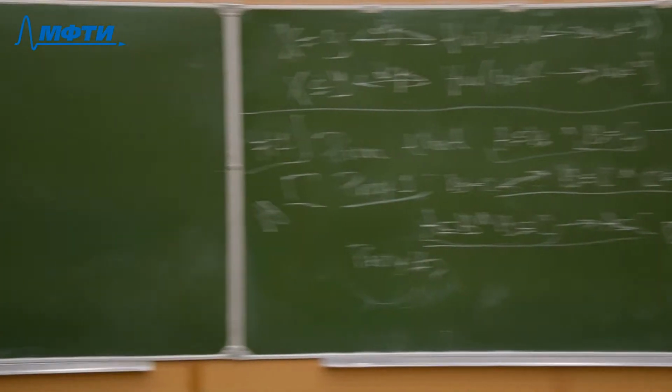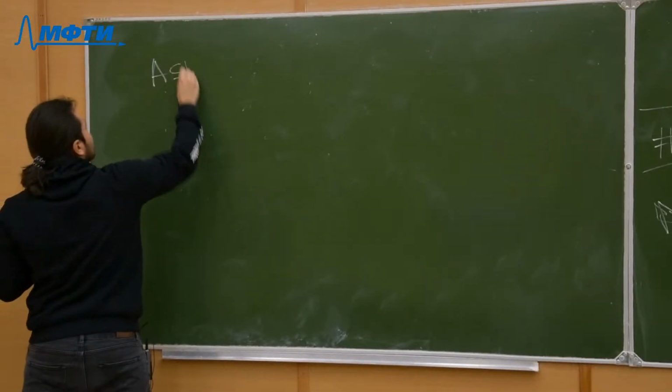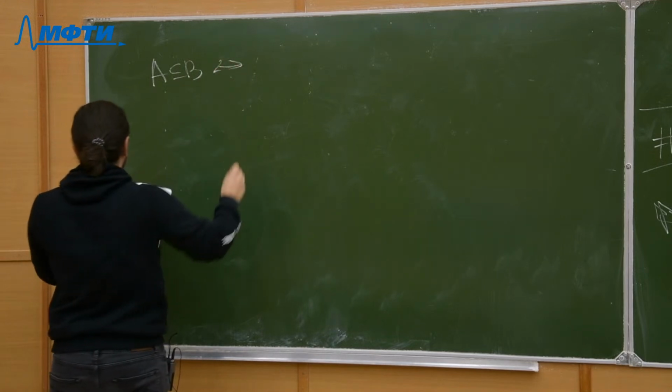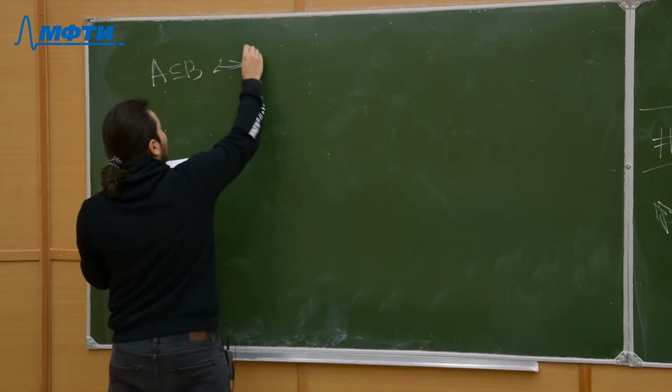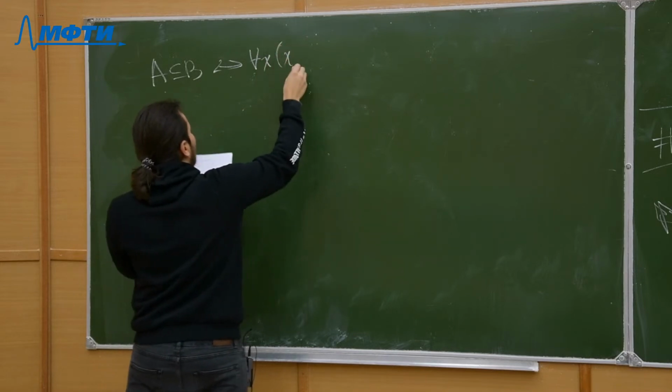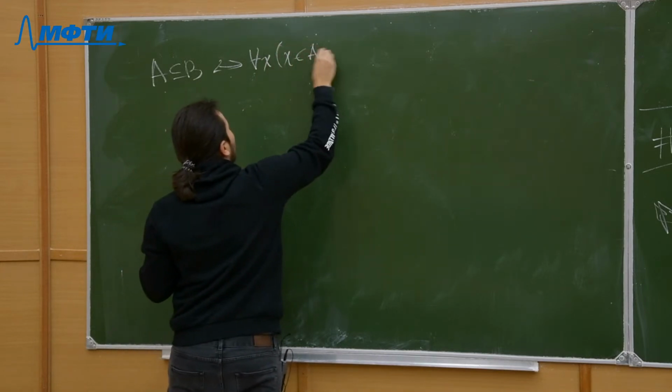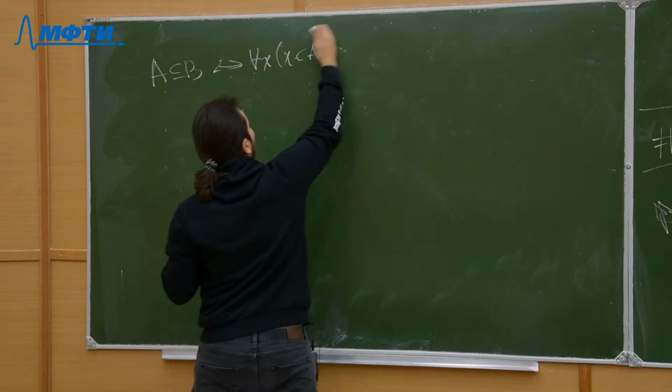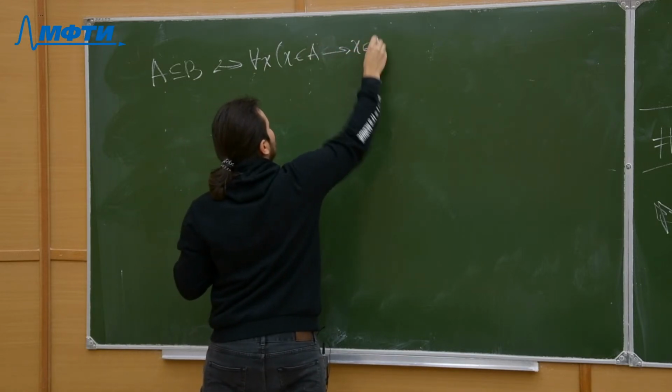So A is a subset of B if and only if for all x, x belongs to A implies x belongs to B, right?